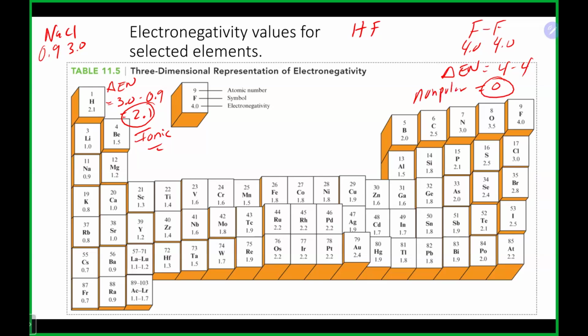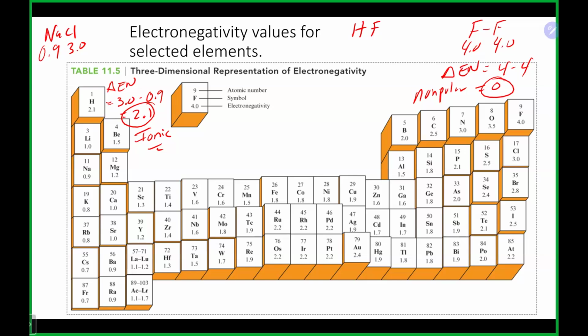Sometimes, when you have a difference in electronegativity of exactly 0, people will call it a pure covalent bond. That's as perfect equal sharing of electrons as you could have. A pure covalent bond is still a nonpolar bond, equal sharing of electrons.